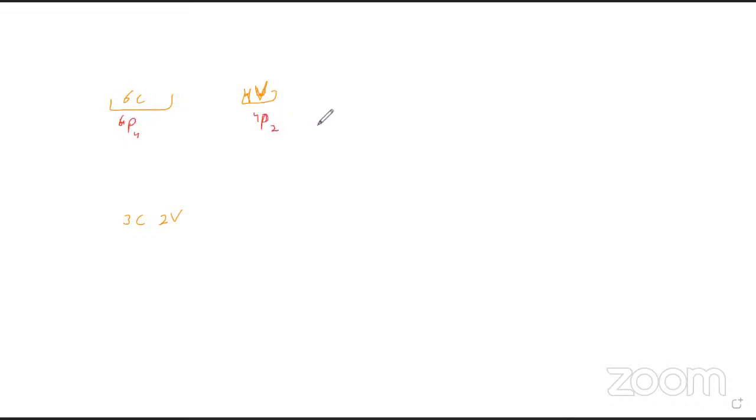The first thing you need to do is choose any 3 consonants, which you can do in 6C3 ways, right? Now you have to choose 2 vowels of these 4, which you can do in 4C2 ways. Now you have a collection of these 5 objects, which you can arrange in 5 factorial ways.